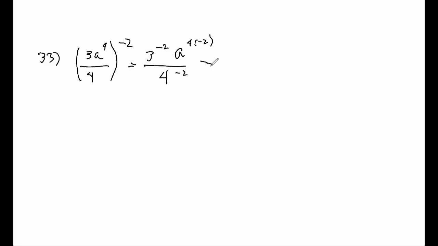And this is equal to 3 to the negative 2, a to the 4 times negative 2 is a to the negative 8, and then 4 to the negative 2. But I have all these negative powers. So now I have to use my negative quotient rule to get them to be positive powers.